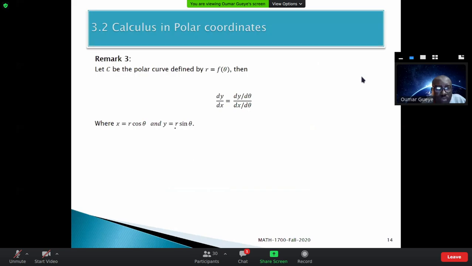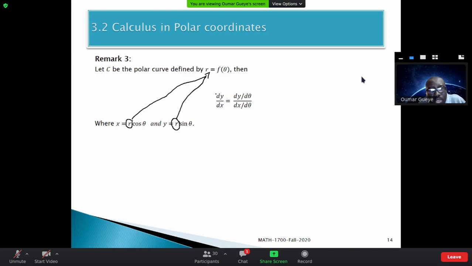Knowing these two formulas that we've seen previously and proved, x equal to r cosine of theta and y equal to r sine of theta, but in this case r is not constant like in the previous cases. So r in this case is a function of theta, which means r depends on theta.